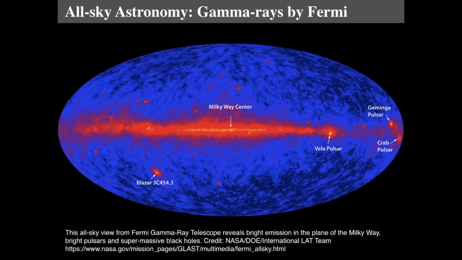The Vela pulsar, which seems to be the thing we've seen left and right throughout here, is a pulsar emitting strongly in gamma rays. The Geminga pulsar is only visible in gamma rays. The Crab Nebula is visible in gamma rays. And then you've got this funny thing, a blazar, which is looking down the barrel of an ultra-relativistic jet coming out of a supermassive black hole some billions of light years away.